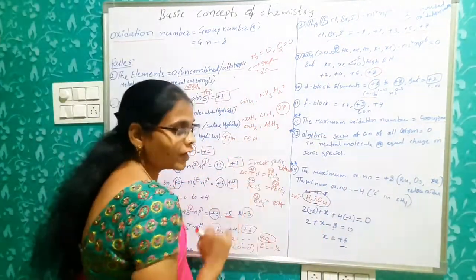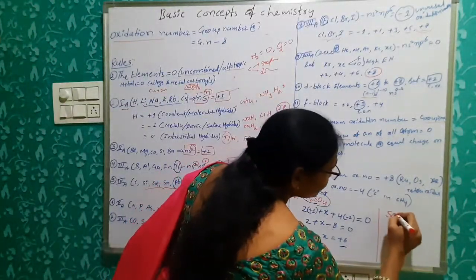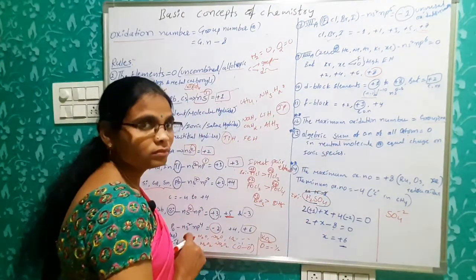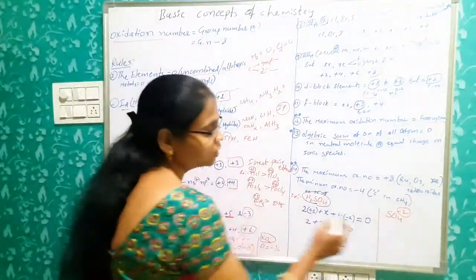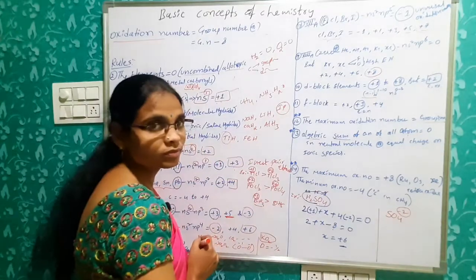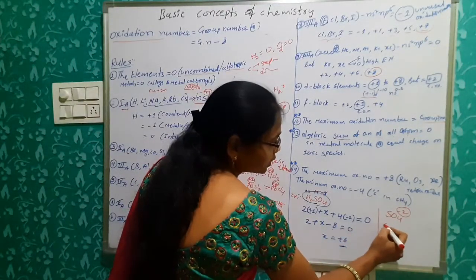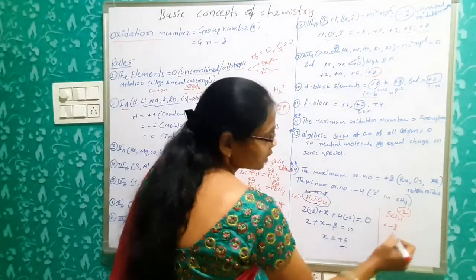If ionic species are given, suppose the same example with the ionic species SO4 2-. Here the charge is minus 2, so the sum of oxidation numbers of all atoms is equal to this charge. Here sulfur oxidation number is plus 6, and 4 oxygens give minus 8.